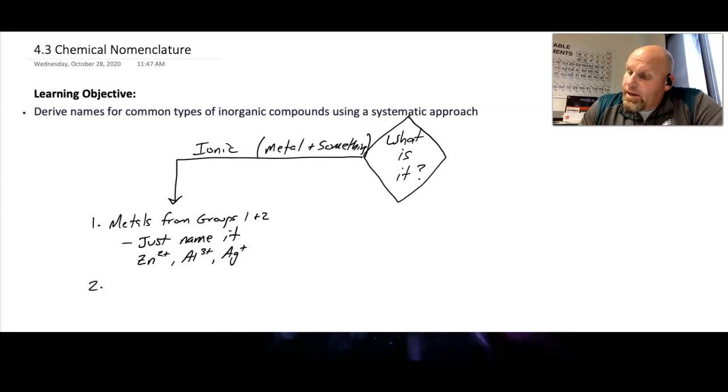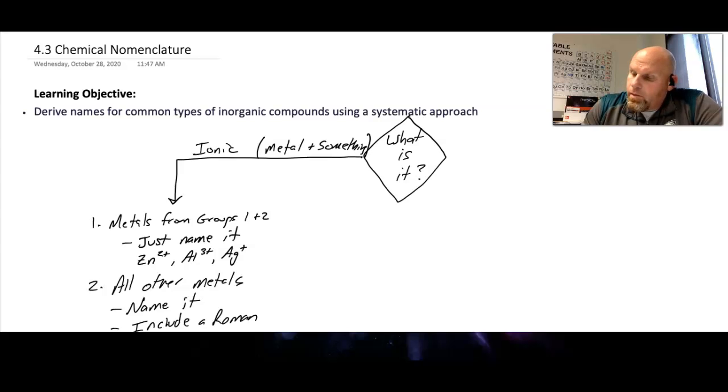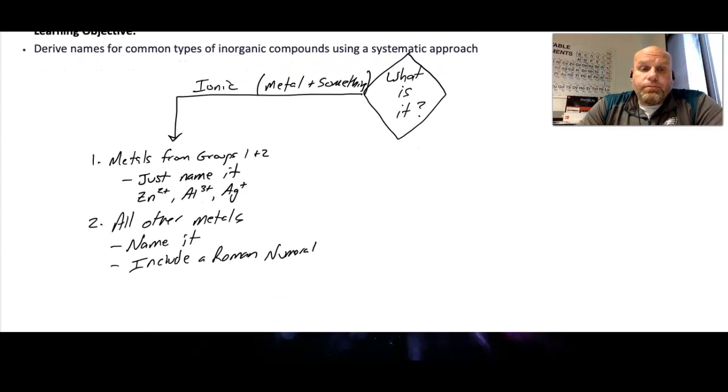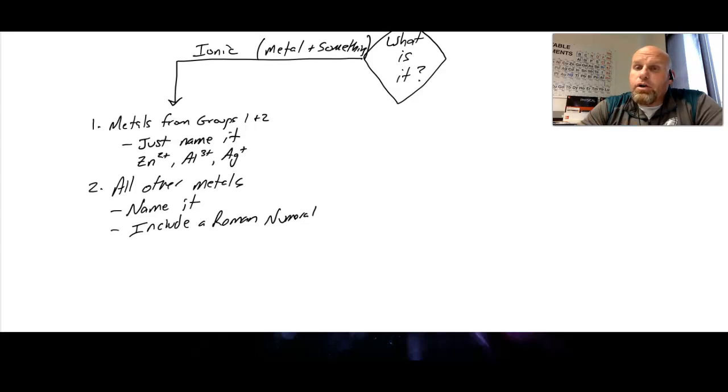So for all other metals, we're going to name it, and then we are going to include a Roman numeral. You'll remember that the Roman numeral is used to tell us the charge of the metal in that specific compound. Again, we'll get to some examples in a second. So that handles our first part of our ionic compounds, the cation.